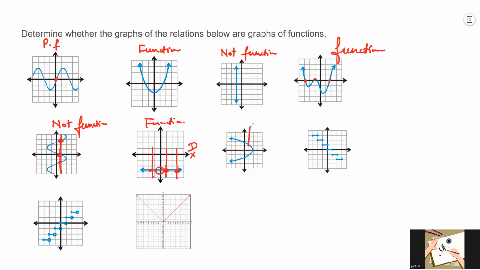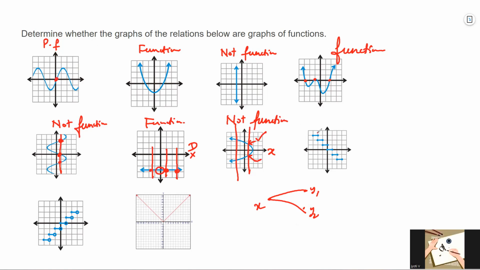Here in this case, when we draw a vertical line, it intersects here as well as here. That means for a particular domain set element, there are two values of y, two outputs for one input. So that's not a function, it's just a relation.